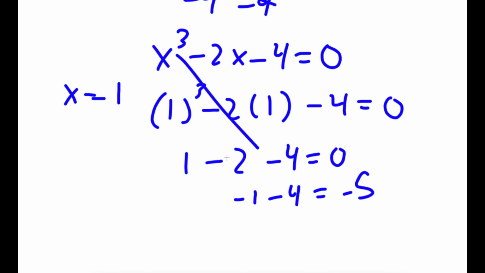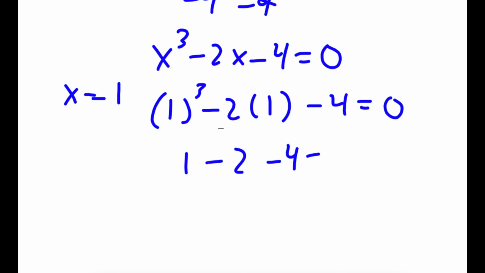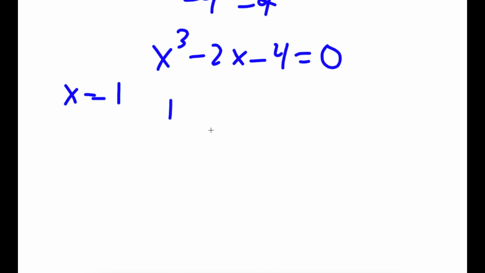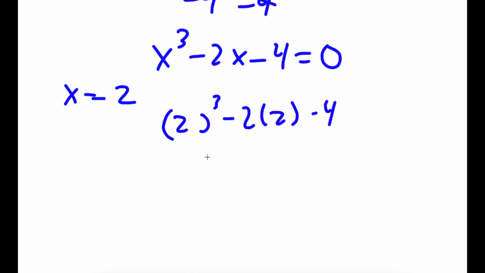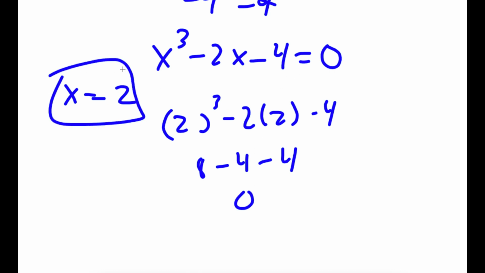So this is wrong. The next value I'm going to test is 2. If x equals 2, I get 2 to the power of 3 minus 2 times 2 minus 4, which is 8 minus 4 minus 4, which is 0. So 2 is a value of x.